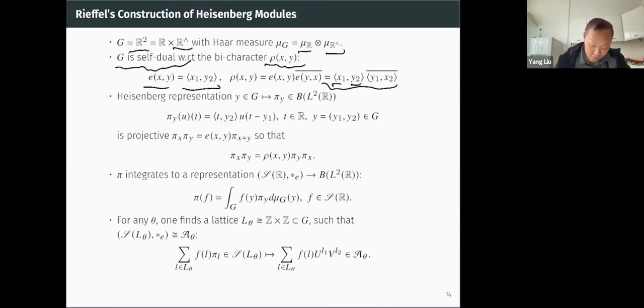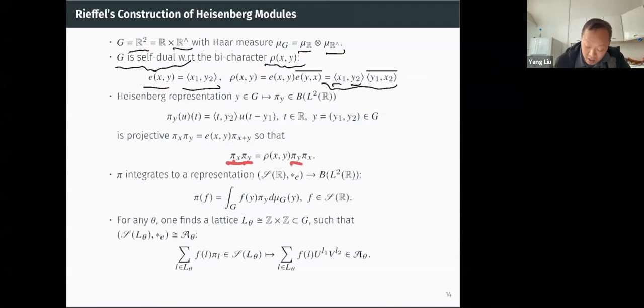This is not a representation, it's a projective representation, because if you look at the composition of pi x and pi y, it's not pi of x plus y, but with a cocycle E. Using this relation, you can easily check that we obtain this commutation relation, right?